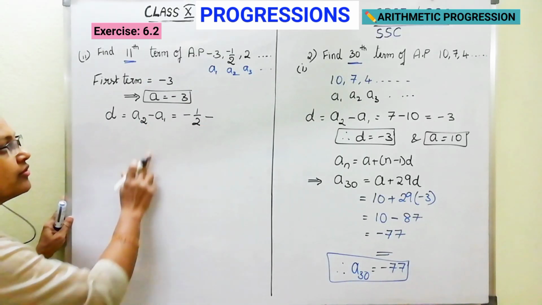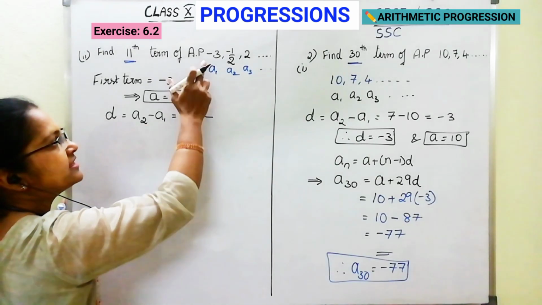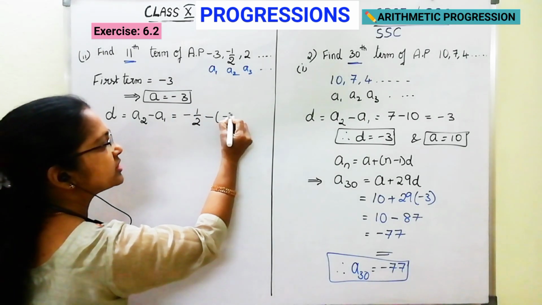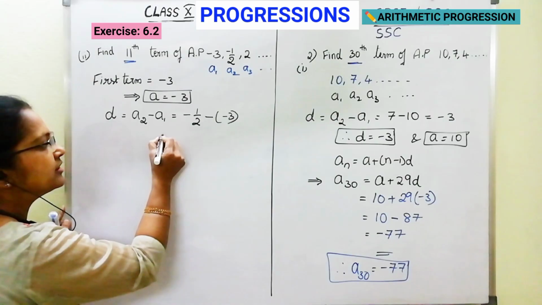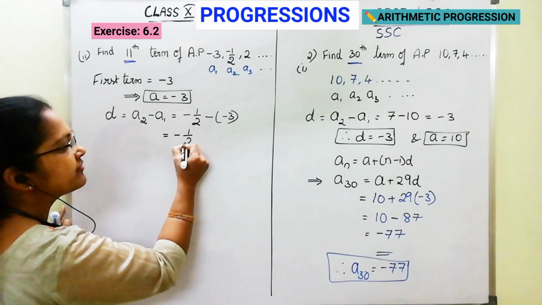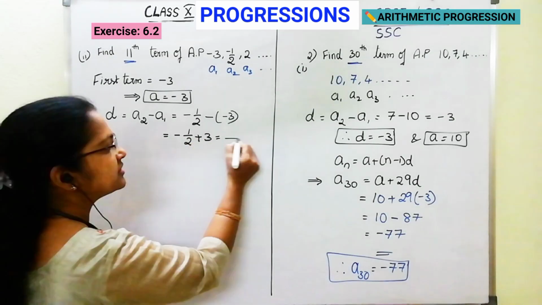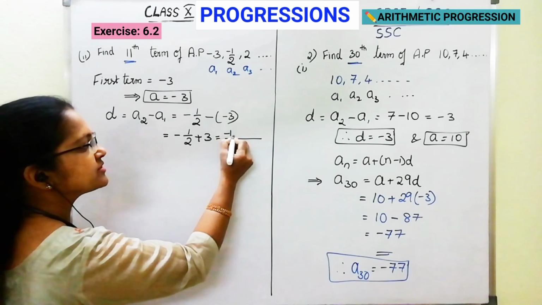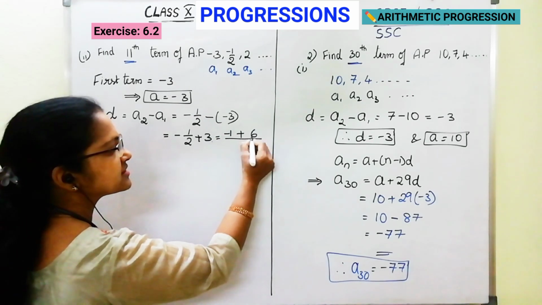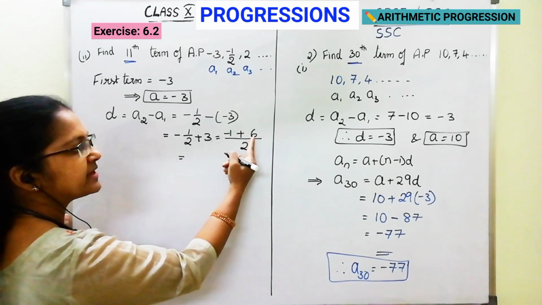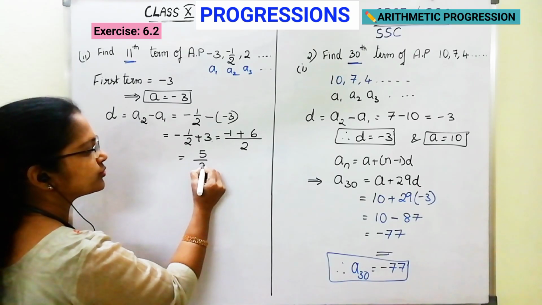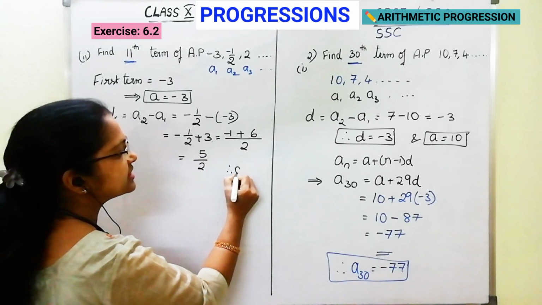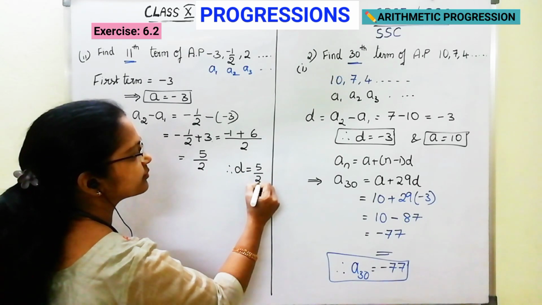In the formula we have minus, again the A1 term is minus 3, so it is minus of minus 3. So we can take it as minus half plus 3. Take LCM. It becomes minus 1 plus 2 3s are 6. So minus 1 plus 6 is 5 by 2. Therefore D is equal to 5 by 2.